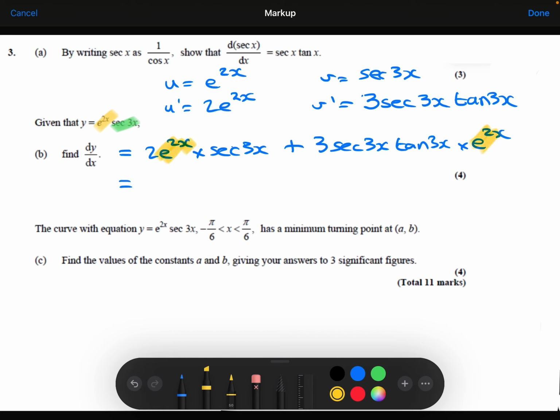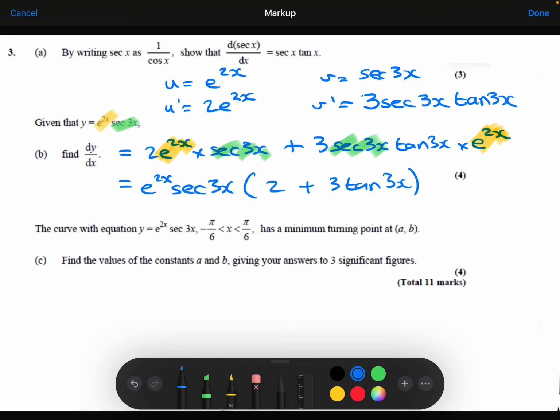So I'm going to factorise the e to the power 2x outside. I'm also going to factorise the sec 3x outside as well. That will leave on the inside a 2 plus 3 tan 3x, and that's how I'm going to leave my answer for part B.